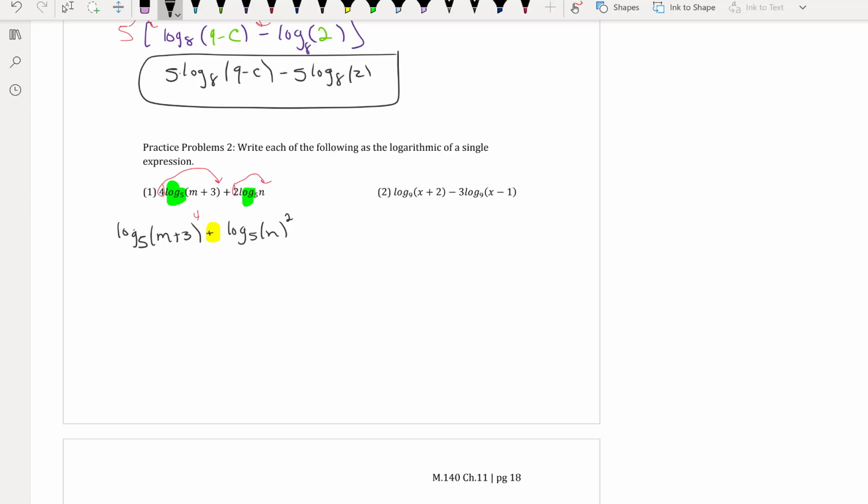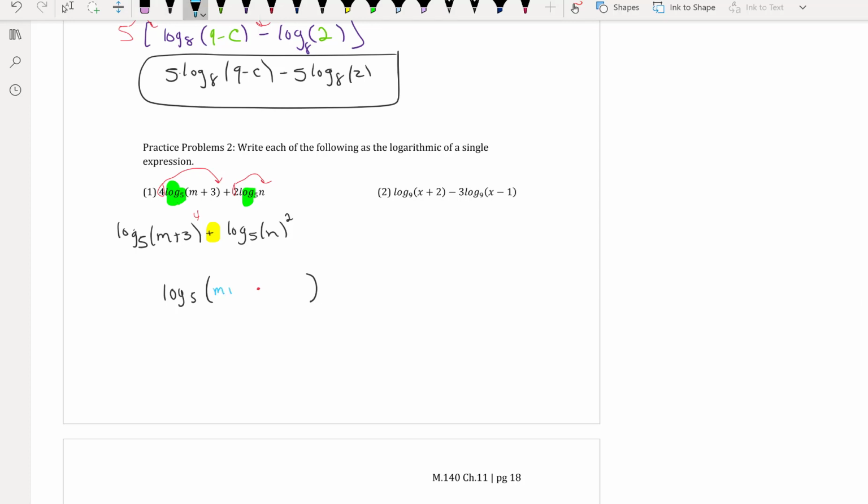Now that the bases are the same, I can take that addition and change it into multiplication, so I can condense it into a single log. So I'm going to rewrite this as log base 5, and I'm going to change that addition into multiplication. So what do I actually have in here?